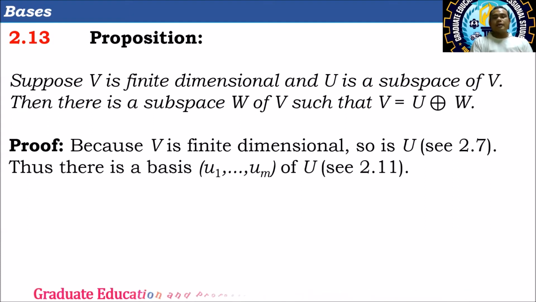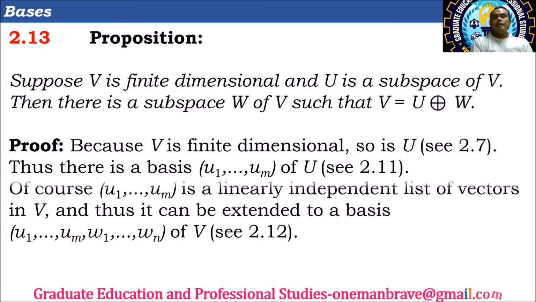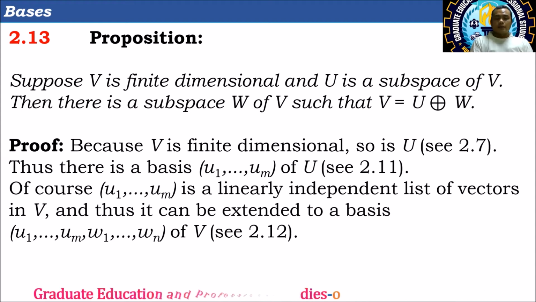Thus there is a basis u1, ..., um of U as shown in 2.11. Of course, this is a linearly independent list of vectors in V, and thus it can be extended to a basis u1, ..., um, w1, ..., wn of V as presented in 2.12, where we adjoin them.